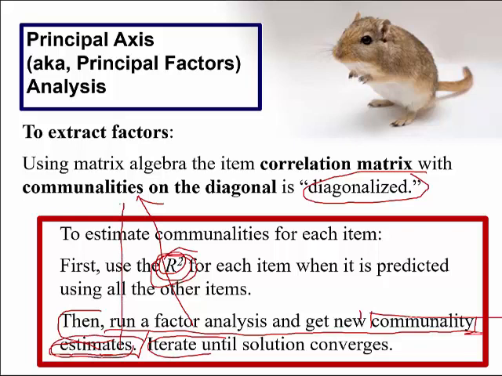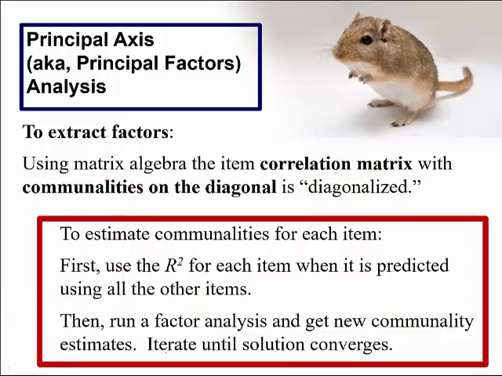We'll put those on the diagonal, run our analysis again. We'll have our correlation matrix, put our communalities on the diagonal. We'll diagonalize the matrix. We'll get new results. And we keep on doing that, replacing our old communality estimates with new communality estimates. We'll do that over and over again. We'll iterate until we get to the point where we're not changing much, where every time we're getting essentially the same communality estimates.